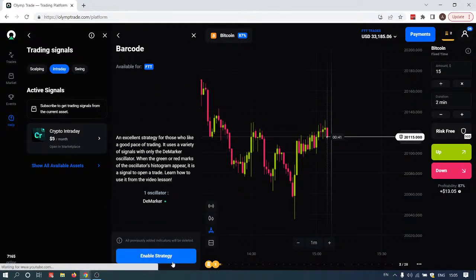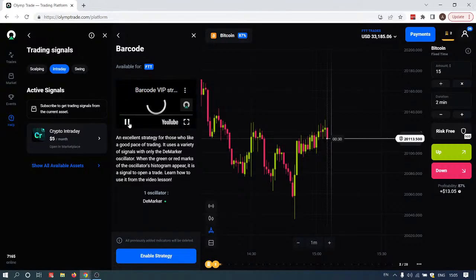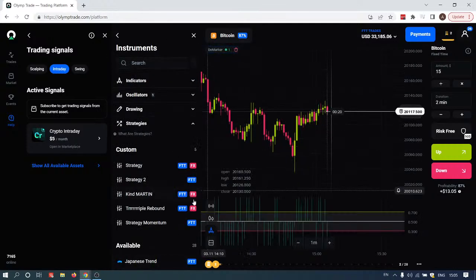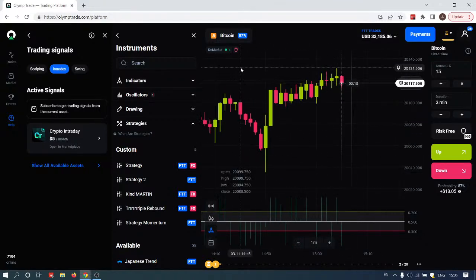Let's begin with the barcode strategy. There is a brief tutorial which explains the logic, the essence, and the setups of this strategy, so you can watch it anytime you want if you want to refresh these notions in your memory. Then let's just enable the strategy, and here it has appeared on the chart.